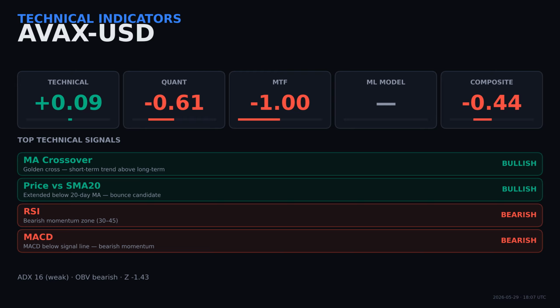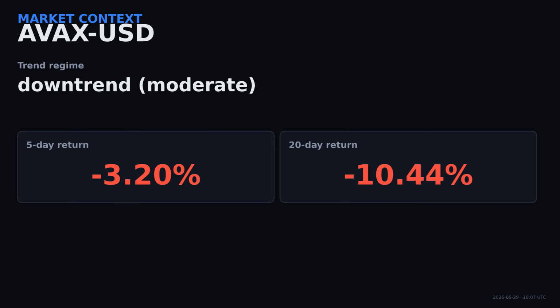Important because some strategies only work when ADX is above 25. On-balance volume is bearish. That's a sneaky good way to spot whether the smart money is buying or selling underneath the price action. Quick context. Over the last 5 sessions, this pair moved 3.20% and over 20 sessions, 10.44%. That tells you whether momentum is fresh and extendable or stretched and due for a pullback.